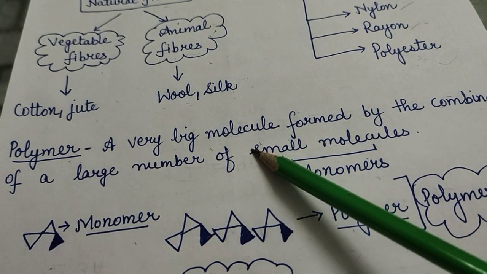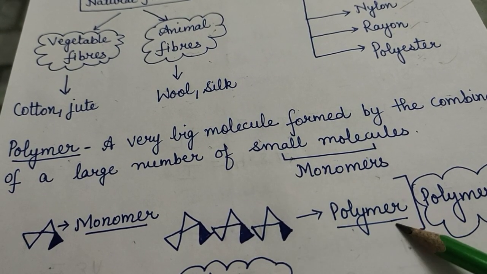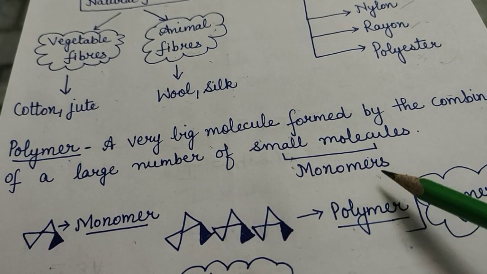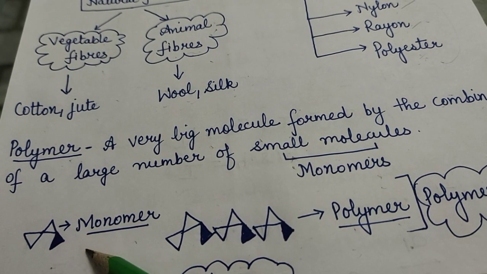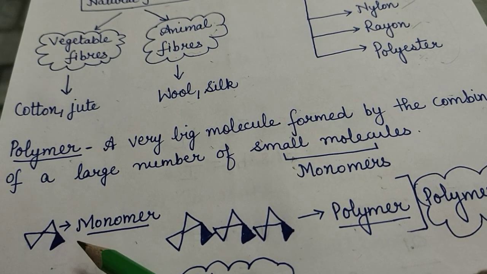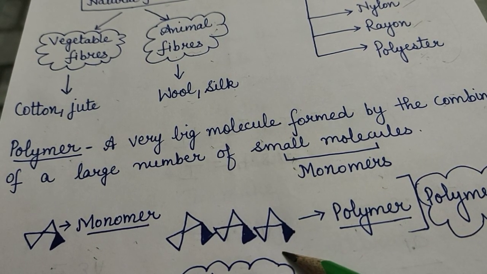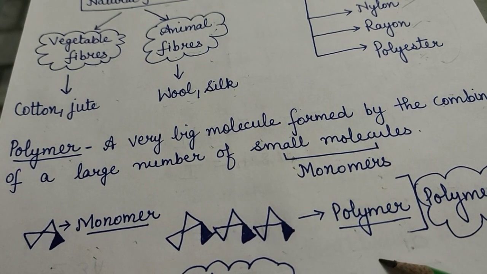That is known as a polymer. And the small molecules are known as monomers. See, this is our monomer, and when we join all these monomers together, we get a big molecule that is known as a polymer.